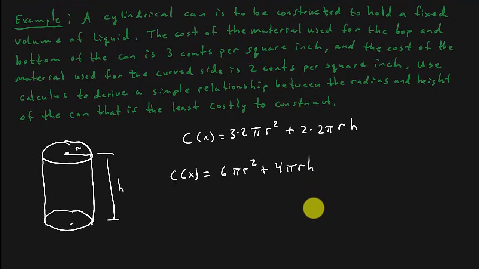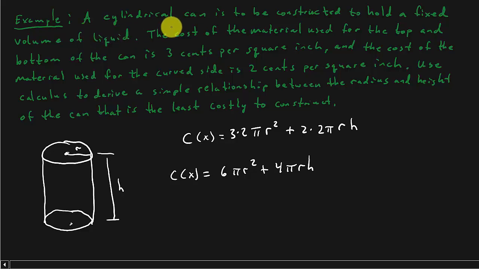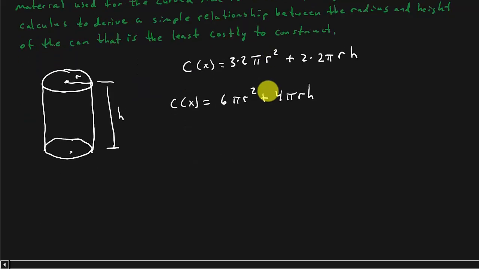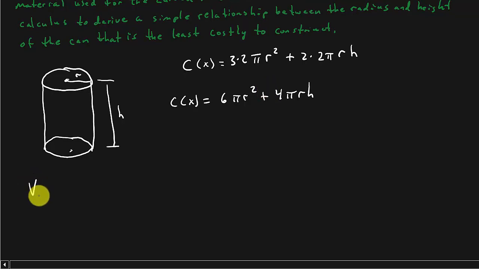They tell us that a cylindrical can is to be constructed to hold a fixed volume of liquid. So we can just say the volume, and we'll call that fixed volume V naught. If you wanted to just call it V, I guess that would be fine too, but we'll just call it V naught. So what's the volume? Well, remember, the volume of a cylinder is the area of the base times the height.